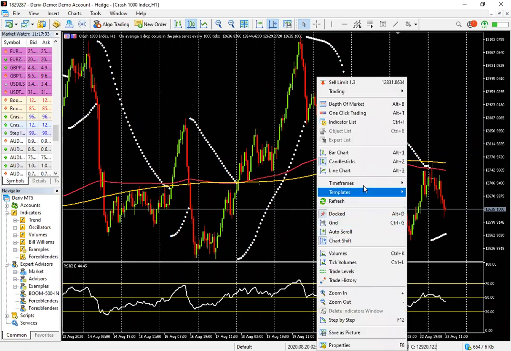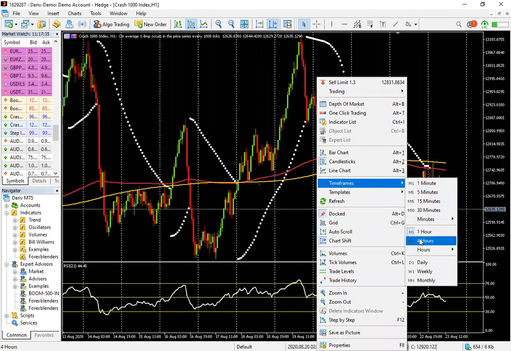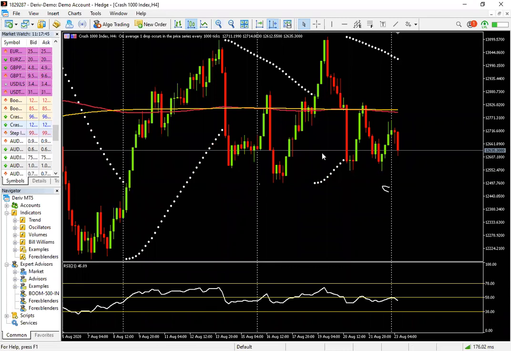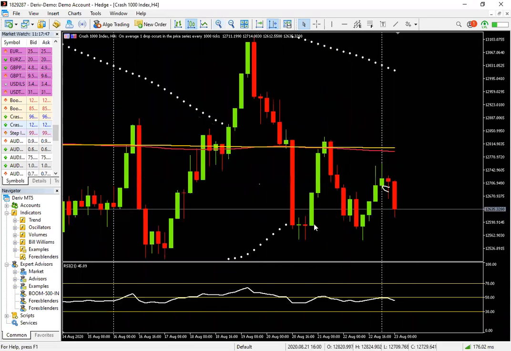If you narrow down to 4 hours, you can see the market has been consolidating of late, trying to make a new high but failing. This is what I talked about earlier in my group about these double dojis. When you see these double dojis, it's a signal for reversal.